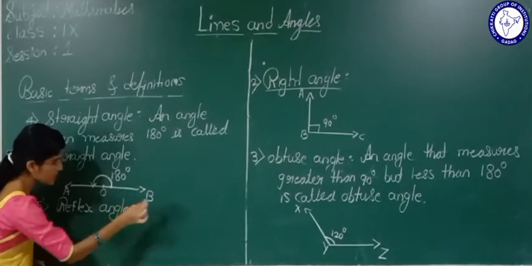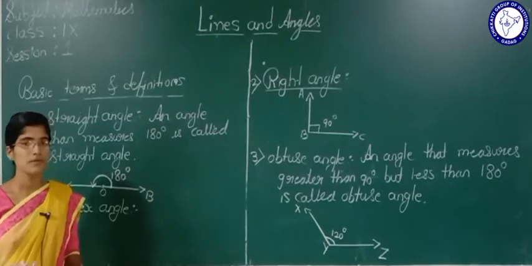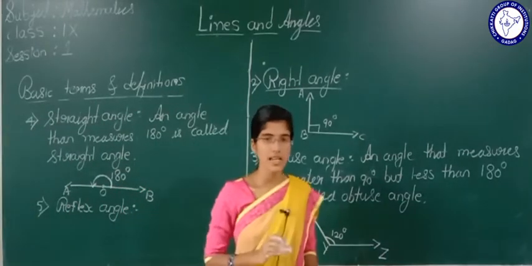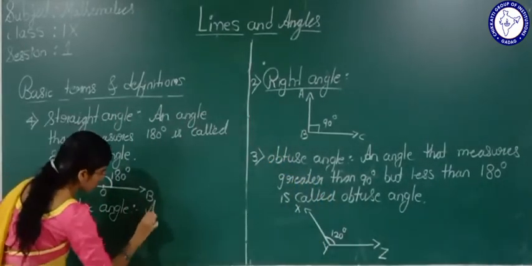What is reflex angle? An angle that measures more than 180 degree but less than 360 degree is called a reflex angle. What is that?